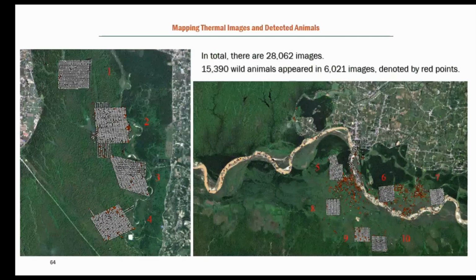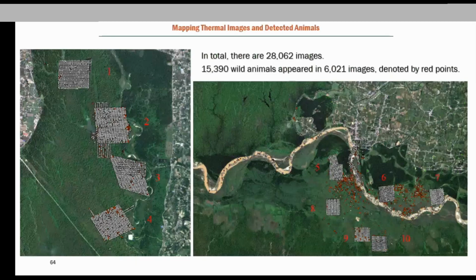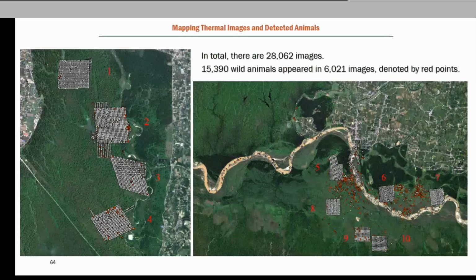Our model has been used in practical wildlife monitoring in the Chitwan National Park. Over about 3 months, 28,000 thermal images were captured by drones. The centroids of these thermal images are projected on a map as shown in this slide.